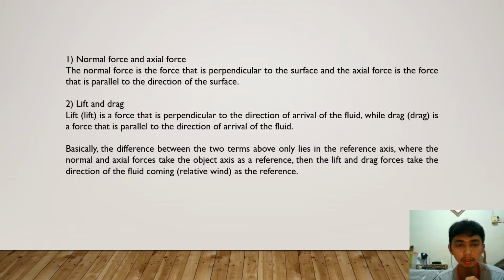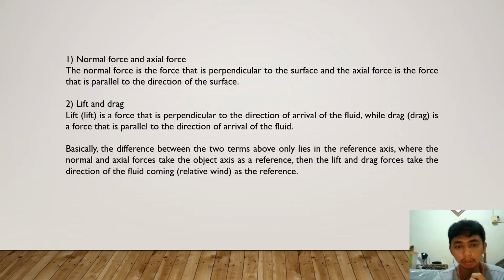First term is normal force and axial force. Normal force is the force that is perpendicular to the surface of the plane, and the axial force's direction is parallel to the normal or the surface dA. The second term is lift and drag.